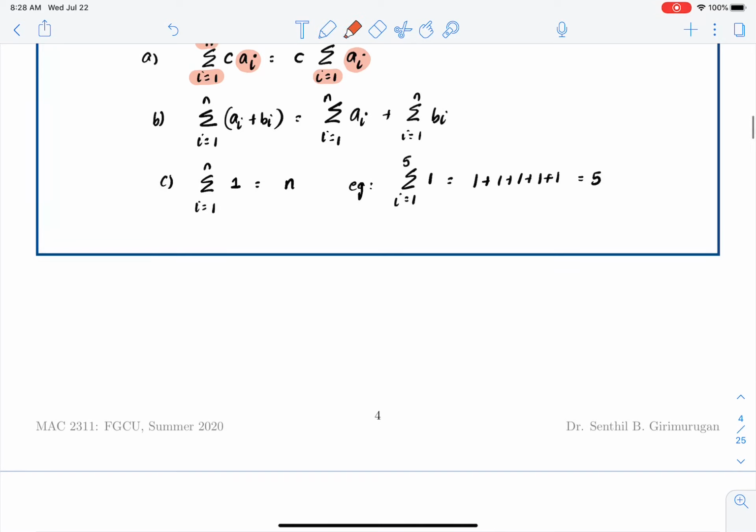So that answer would match if the sum is i equals 1 to n, summing simply 1. So these are some of the sums that we need to know, especially when we try to evaluate Riemann sums.